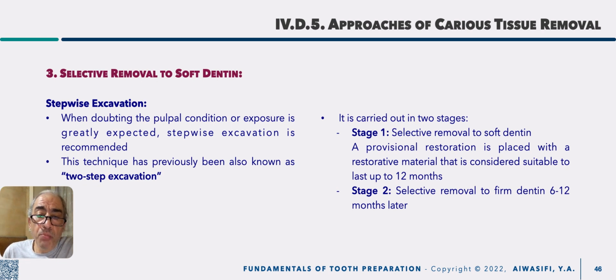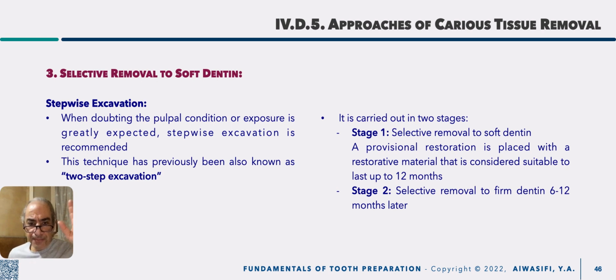Step number 2, after 6 to 12 months, reopen it and selectively remove up to firm or leathery dentine. During this period, you follow up the case, and the case recorded no pain, no periapical pathosis, no discomfort, and the vitality test revealed that your pulp is healthy, normal.